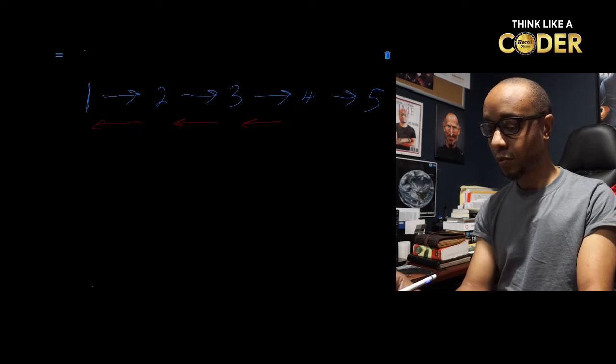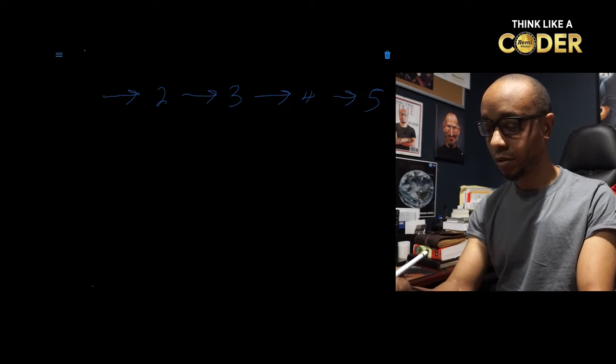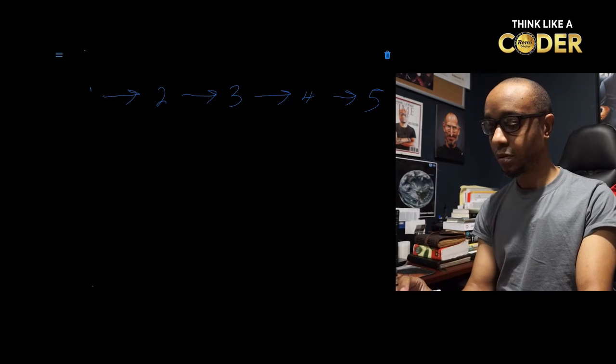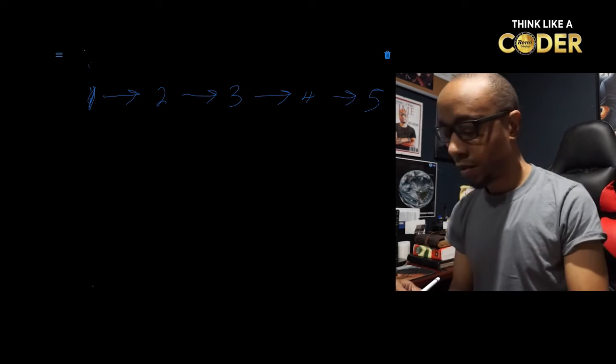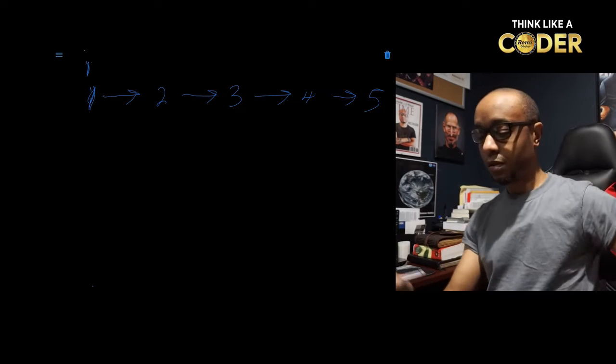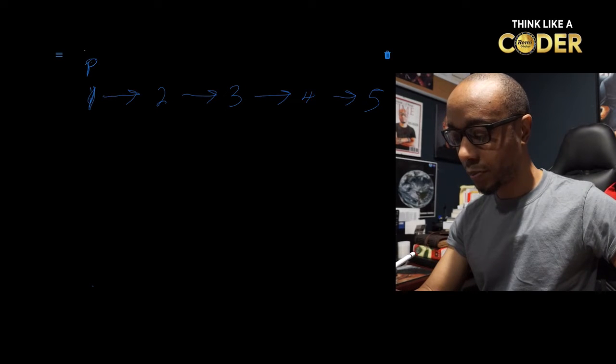So we have to have a way of tracking this particular node, every single node. And how do we do this? It will require us to have a pointer here.